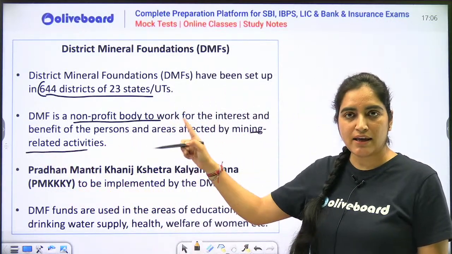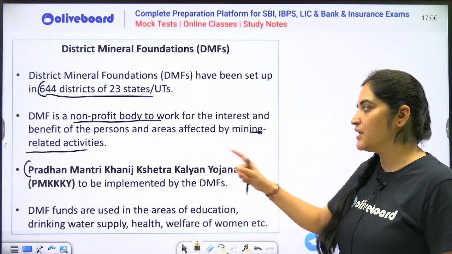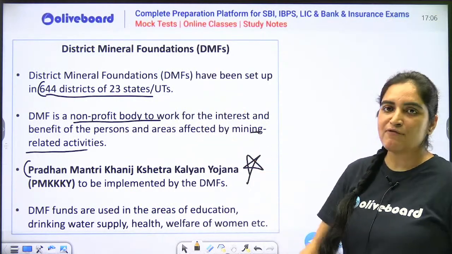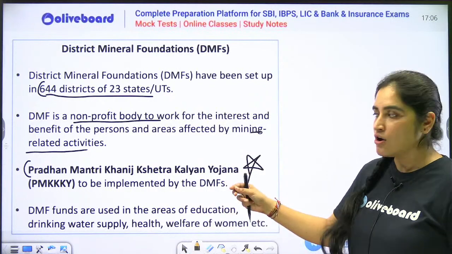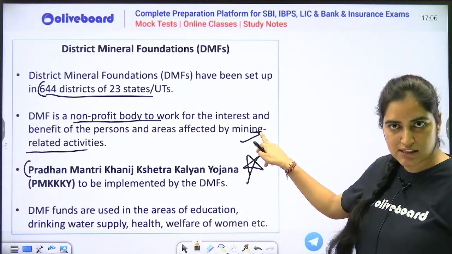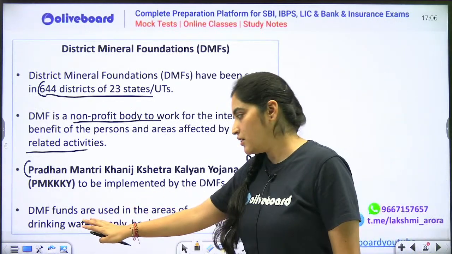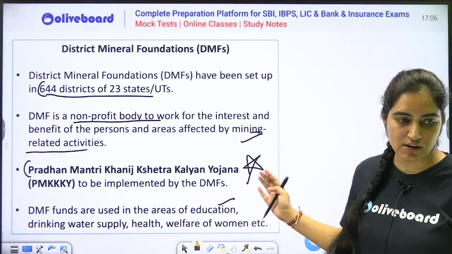This DMF was under your Pradhan Mantri Khanij Kshetra Kalyan Yojana. This is an important scheme. This DMF also has a DMF fund. This fund is being used for upliftment of the people living in these areas by providing them ample education, drinking water supply, health, welfare of women, and many other social sector reforms.